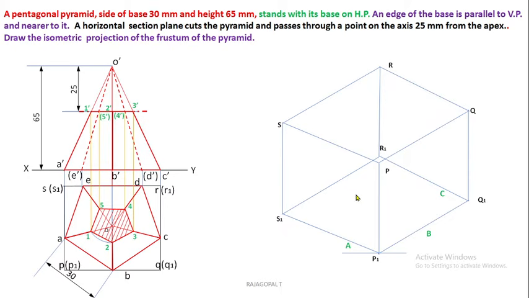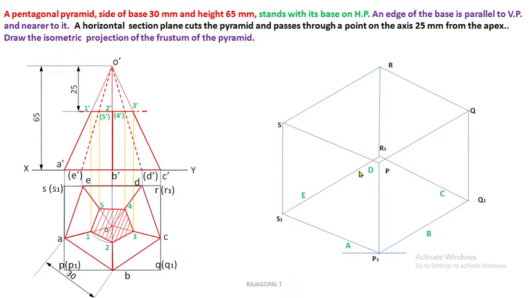After marking point C, next is D. On R1 S1 we have D as well as E. You measure the distance from R1 for D and the distance from S1 for E. So E from S1 and D from R1. That specific length may not be used exactly here; it must be converted into isometric scale, multiplied by 0.82 times.